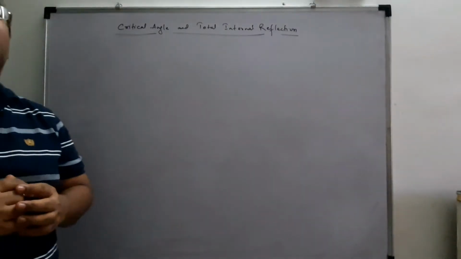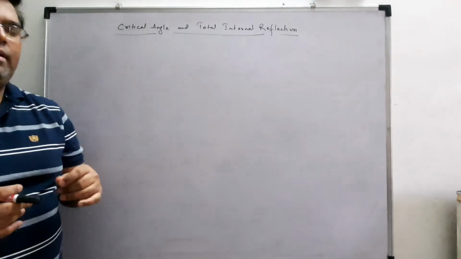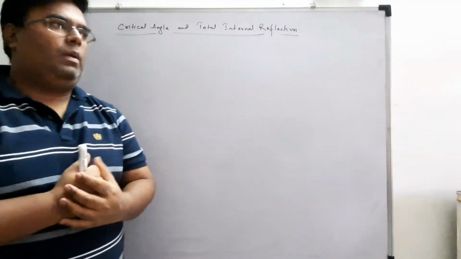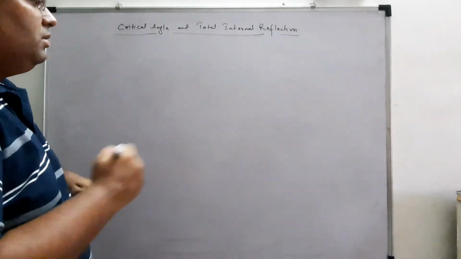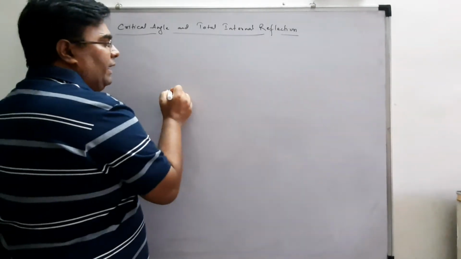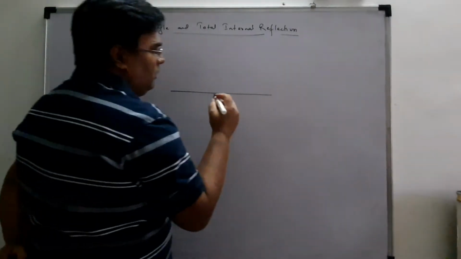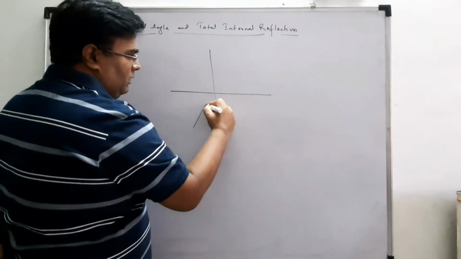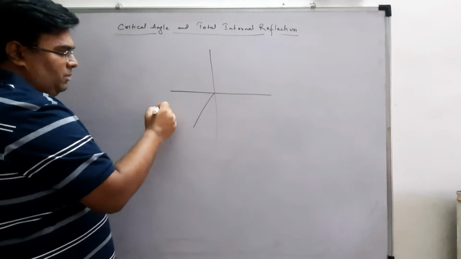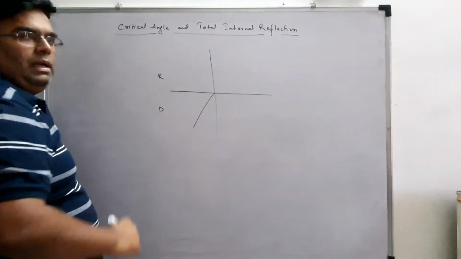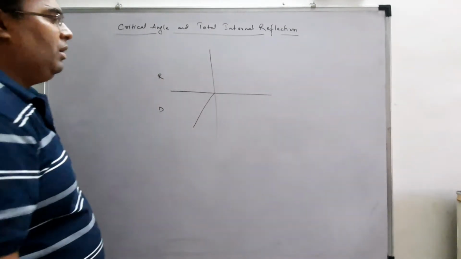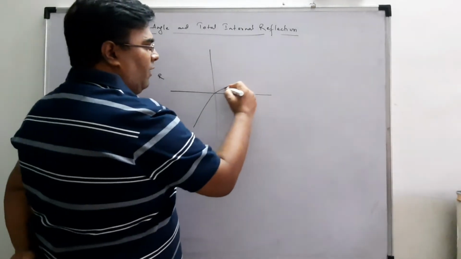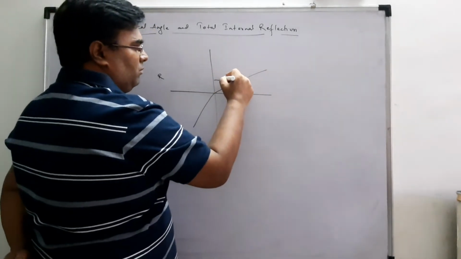Today we will understand the concept of critical angle and total internal reflection. We have learned that if light travels from denser to rarer, suppose this is my denser medium and this is my rarer medium, it will move away from the normal, correct?